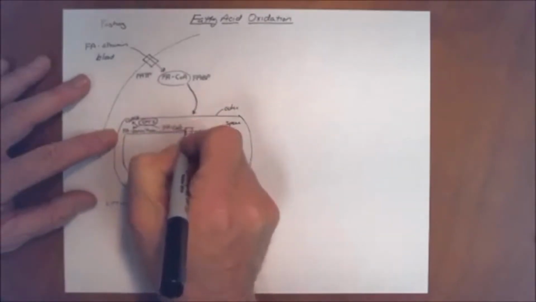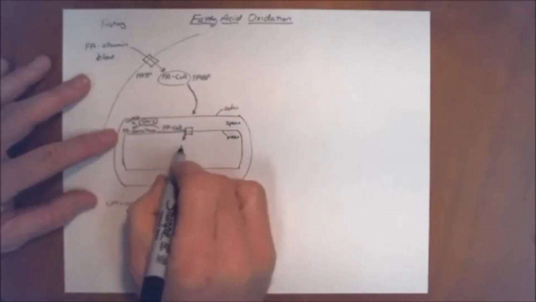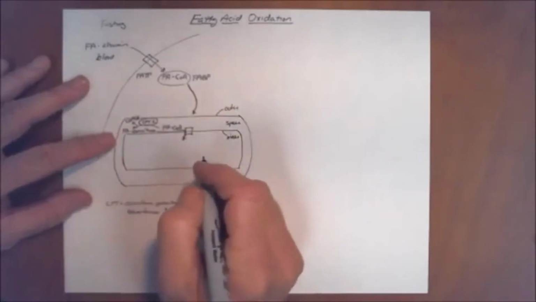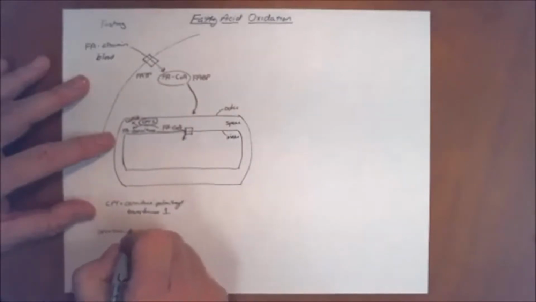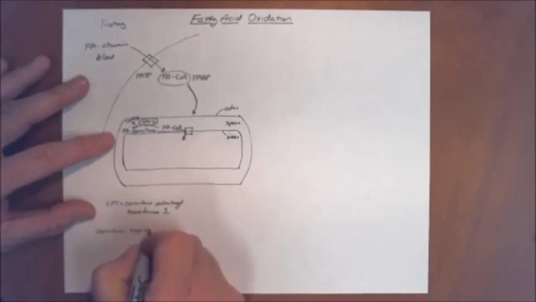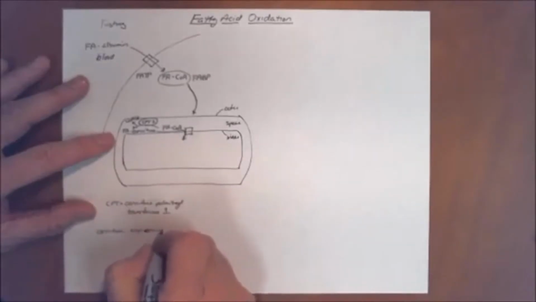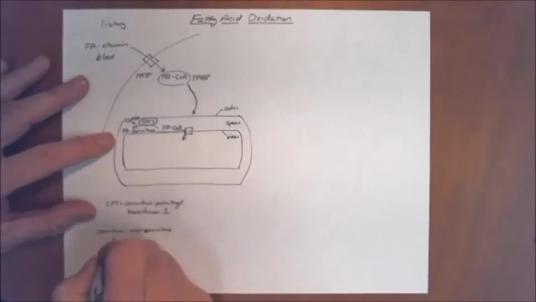Carnitine is a small molecule that we can get either from dietary source or we can synthesize it from the amino acid lysine. Once we form the fatty acyl carnitine structure, of course we'll lose our CoA here. Now we have the molecule prepared for transport into the mitochondria.